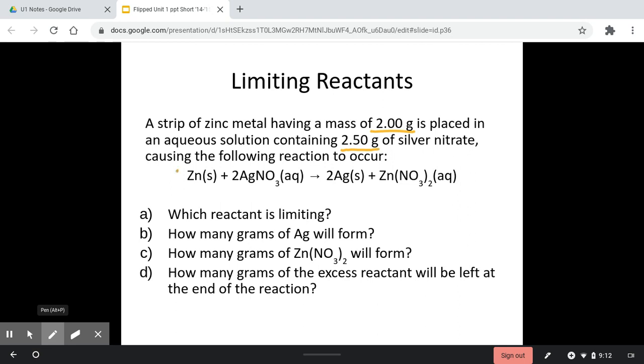If we look at the equation that they give us, they give us a strip of zinc metal. It has a mass of 2 grams. It's placed in a solution with 2.5 grams of silver nitrate, and it causes this reaction to occur right here. Okay, so this would be a limiting reactant kind of problem. Basically, what they want you to do on these problems is go through the stoichiometry, but know what the stoichiometry means.